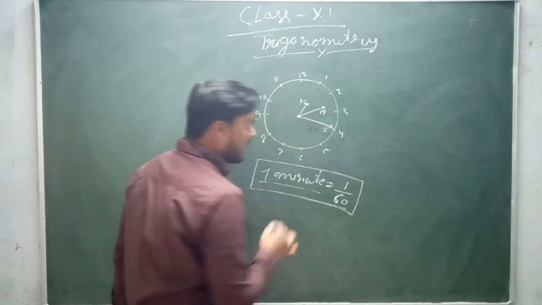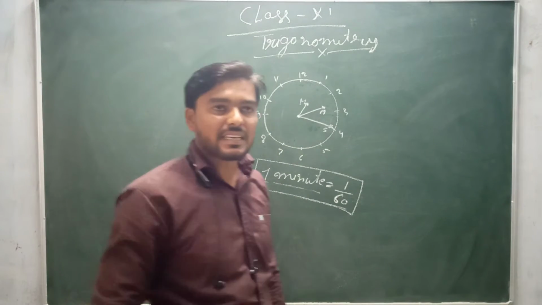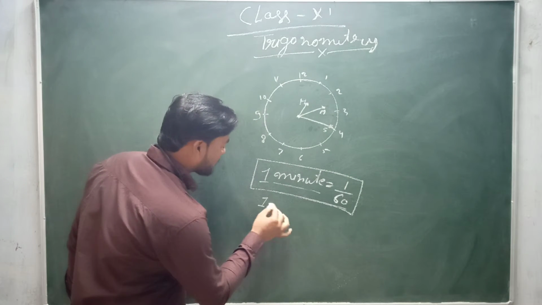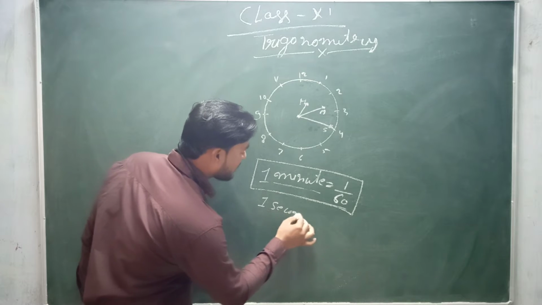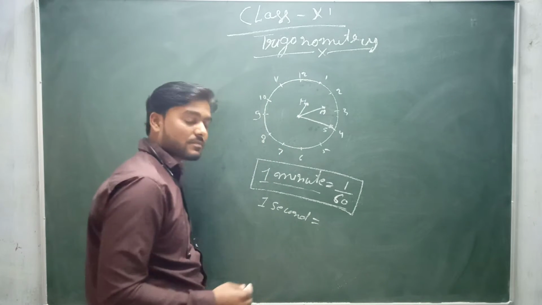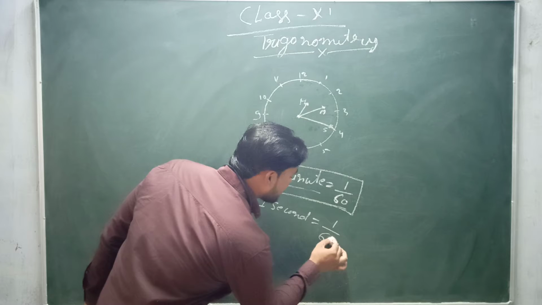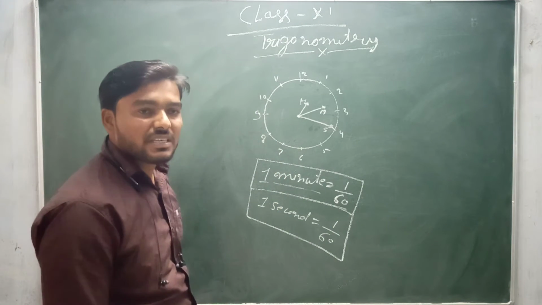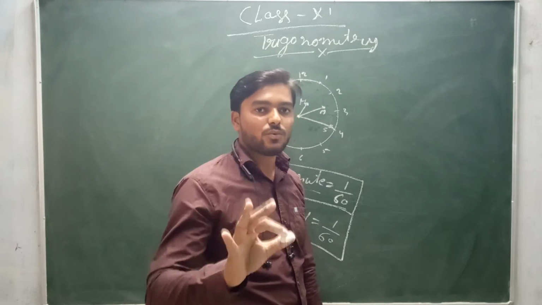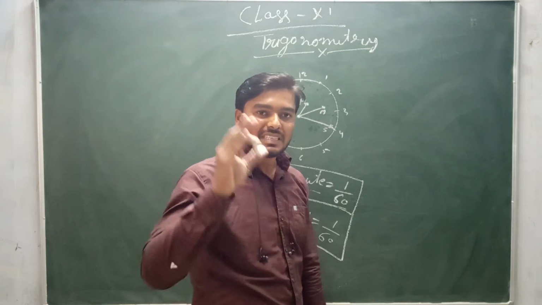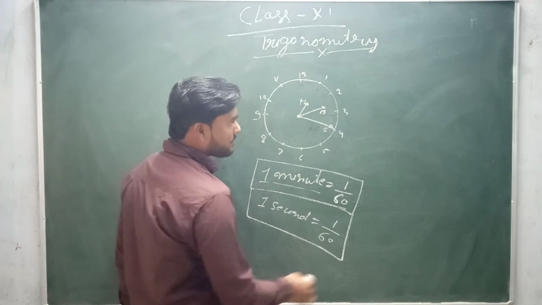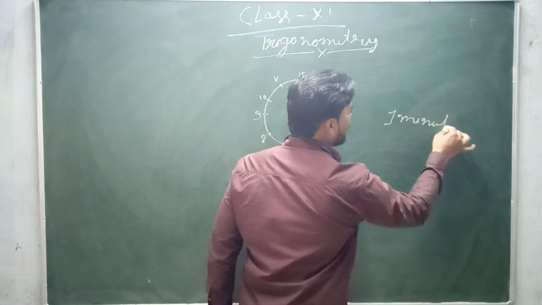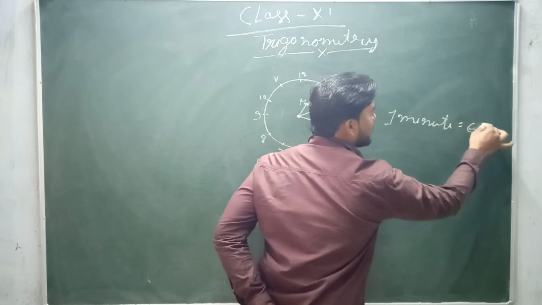Now everyone knows 1 second is equal to how many minutes? 1/60. As we know, in 1 minute there are 60 seconds. 1 minute is equal to 60 seconds.